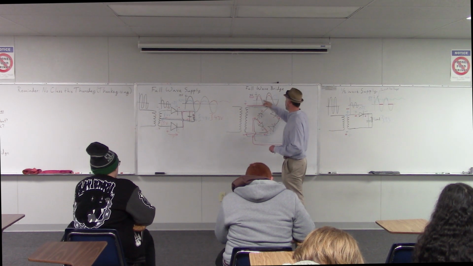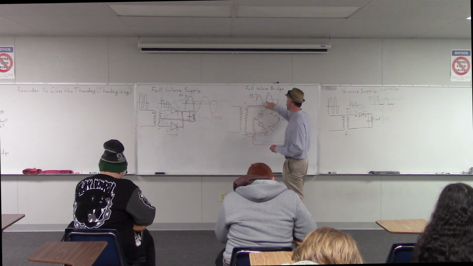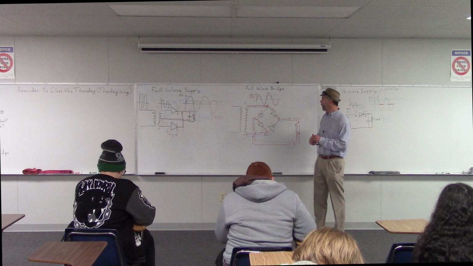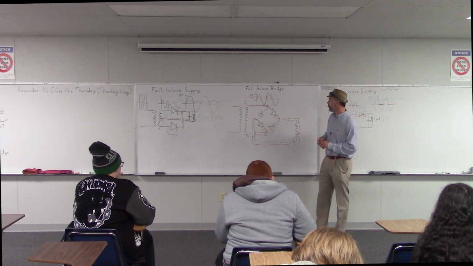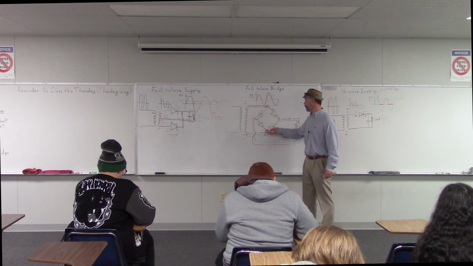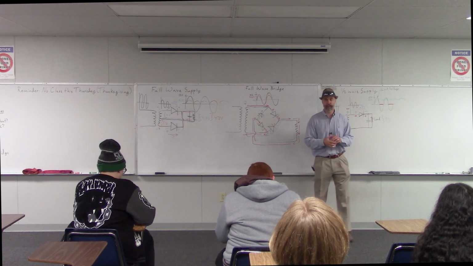We capture both the positive part of the incoming signal and the negative part. So that's why this is also a full wave power supply. And we call this a bridge power supply because this configuration of 4 components in a diamond shape like that is called a bridge circuit.